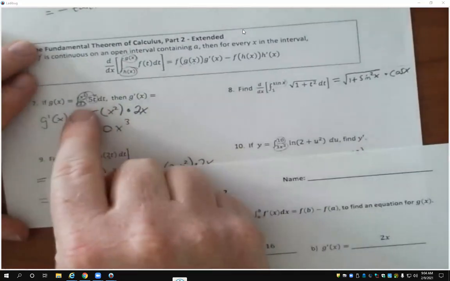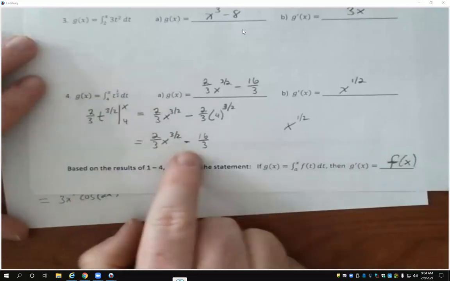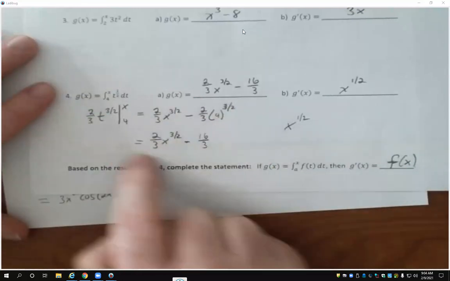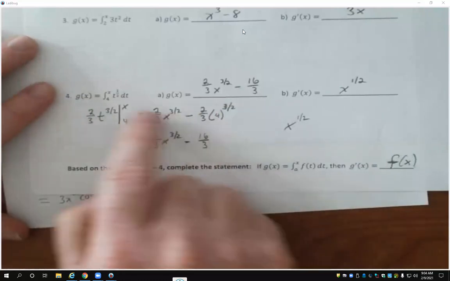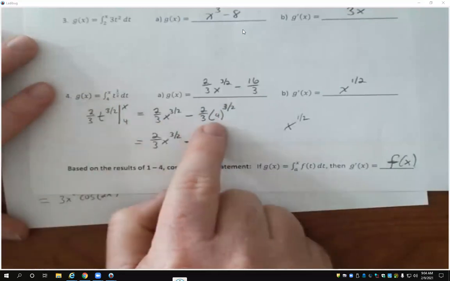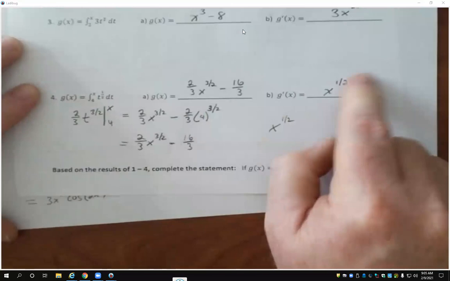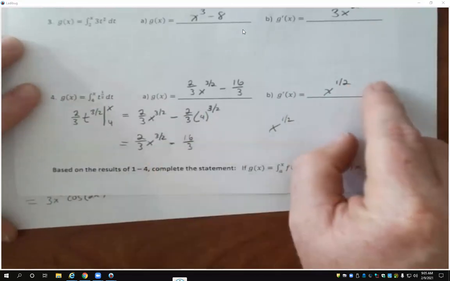So we're not plugging this in, because last night showed we don't have to plug it in, because remember, this is g of x, not g prime of x. When we found g of x, we did plug it in, but this became a constant. We took the antiderivative of that constant and it went away because we took the derivative of this constant, which became 0.